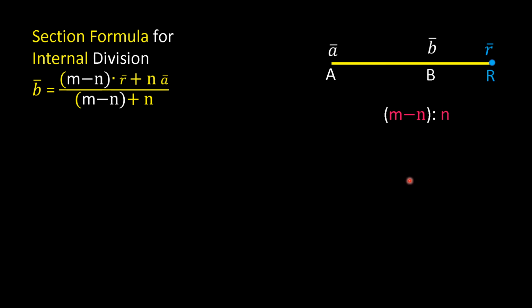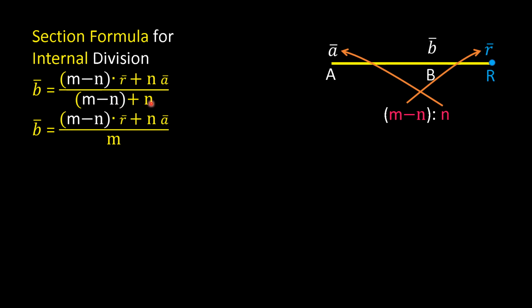By working crosswards, that is from m minus n to R bar and then from n to A bar. m minus n plus n gives us m.